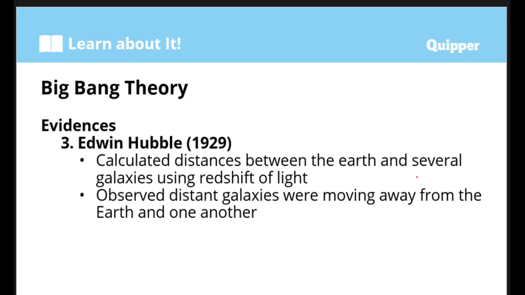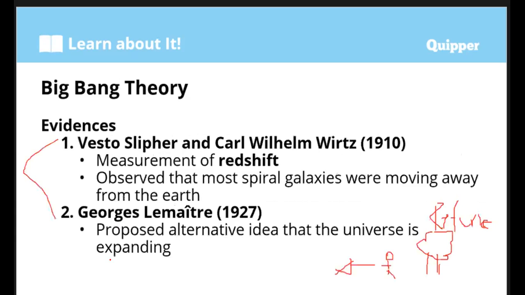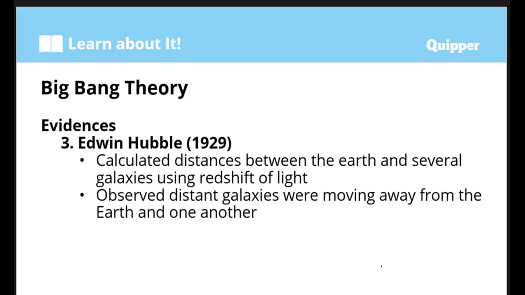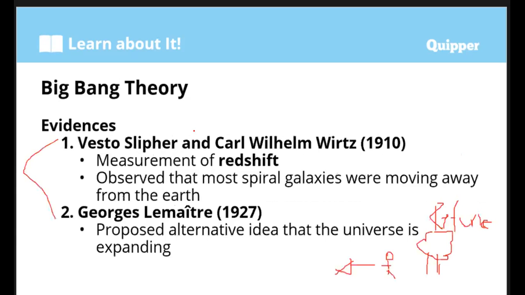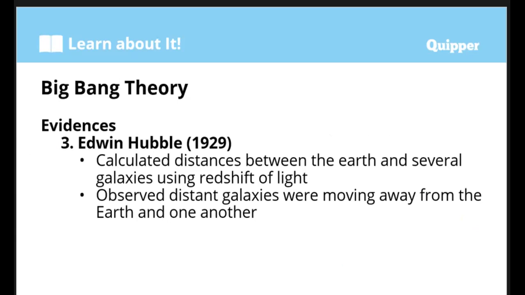So Edwin Hubble supported the idea of Lemaitre that the universe was expanding, and also the idea of Wirtz and Slipher that the spiral galaxies are moving away from the Earth. To prove the ideas of the astronomers before him, he calculated the distances between the Earth and the other galaxies using the redshift of light.